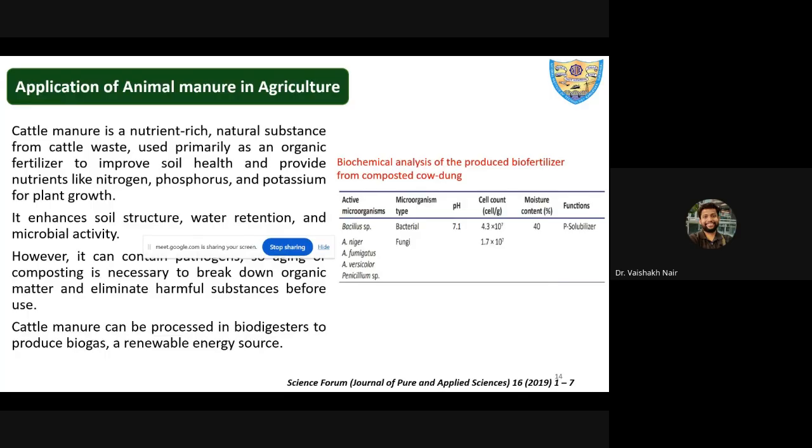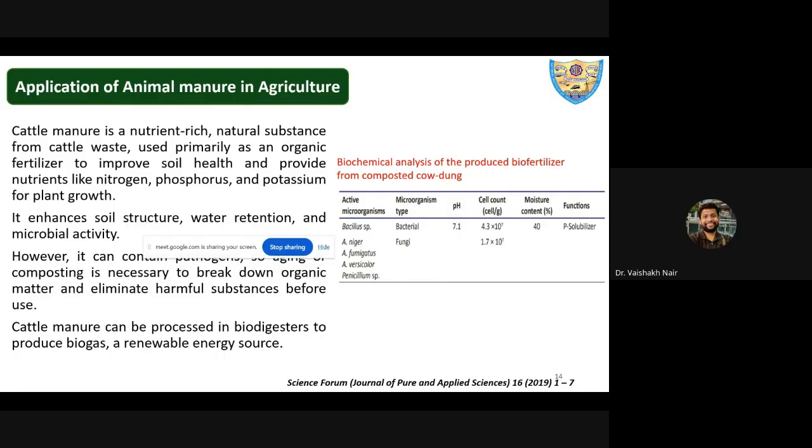Most of the compost is actually what is also termed organic fertilizer. In this work that I am showing you, the researchers dried the cow dung, modified it, and added composting.